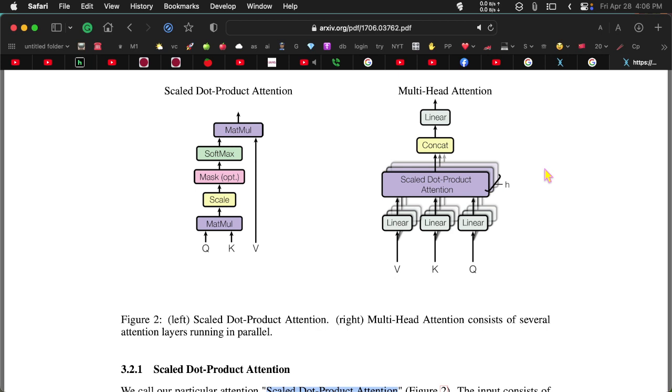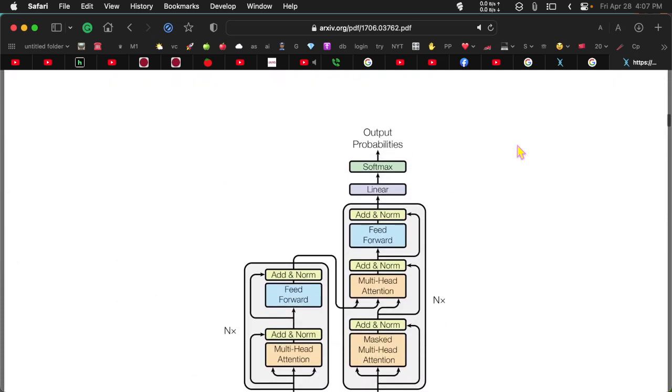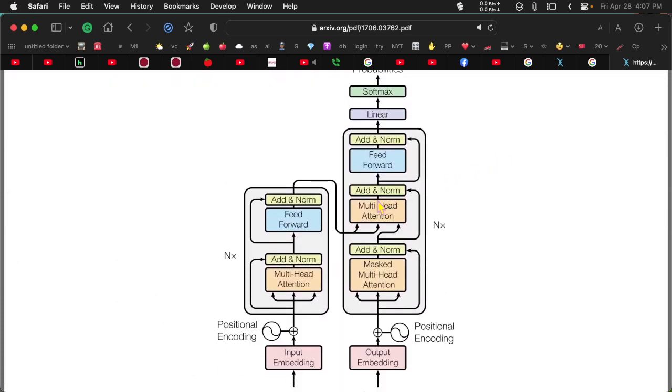Now, when O comes out, O is a matrix, and one is coming out of each of these attention heads, and they get concatenated together before being passed through to the feed-forward network. And then, of course, once it gets passed through here, it gets sent once again into a multi-headed attention head.